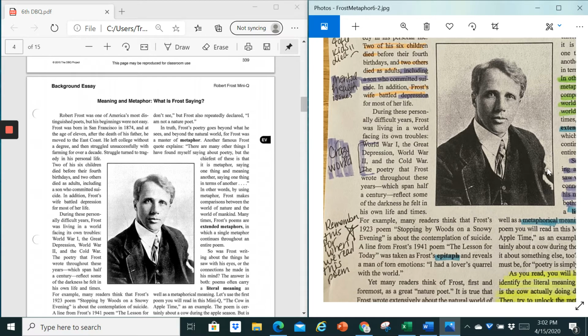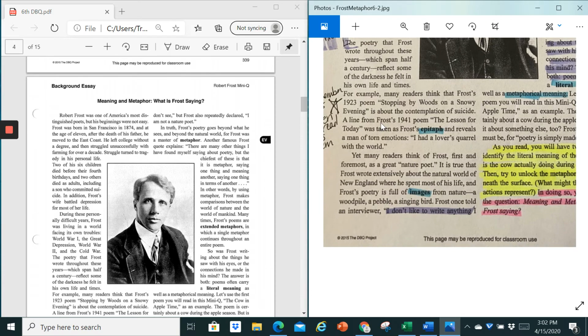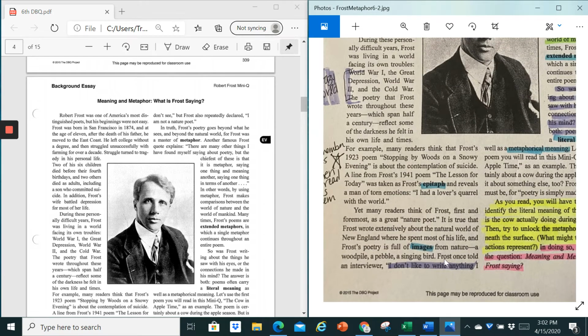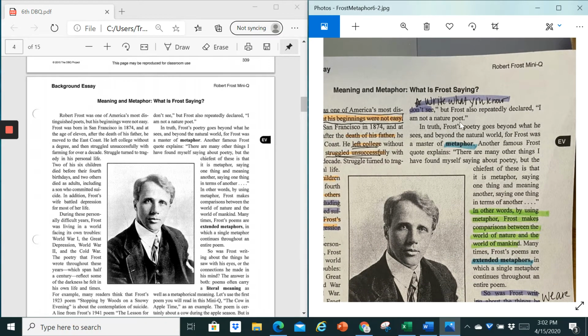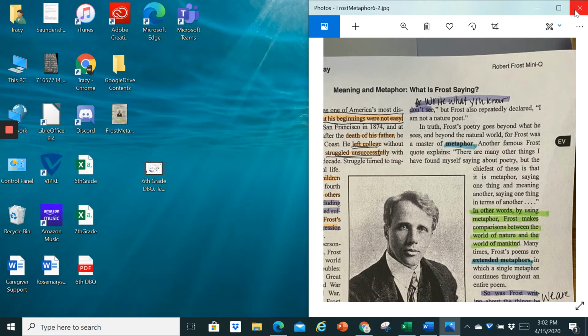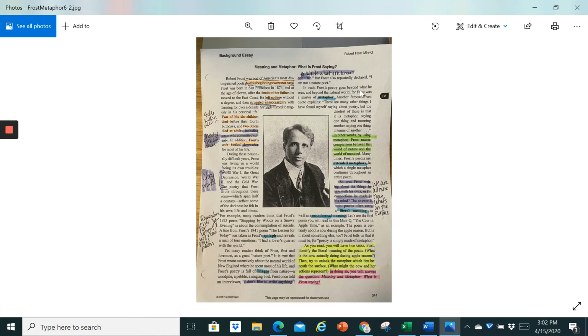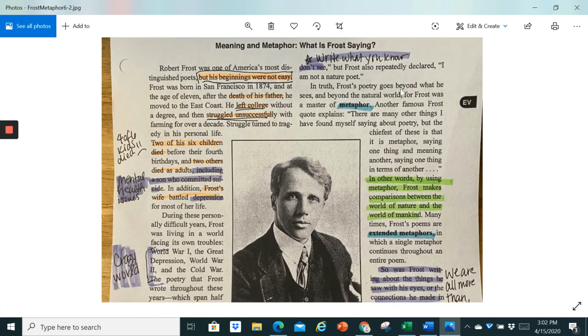And then further on in the article, Frost once told an interviewer, "I don't like to write anything I don't see." Pretty much any piece of advice that people give to students who are learning to become better writers is to write what you know.